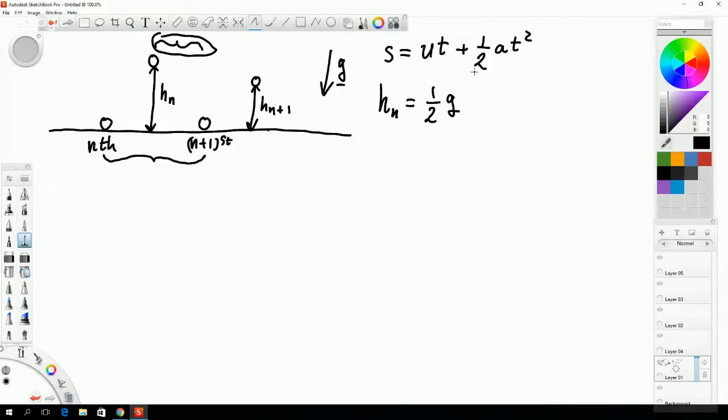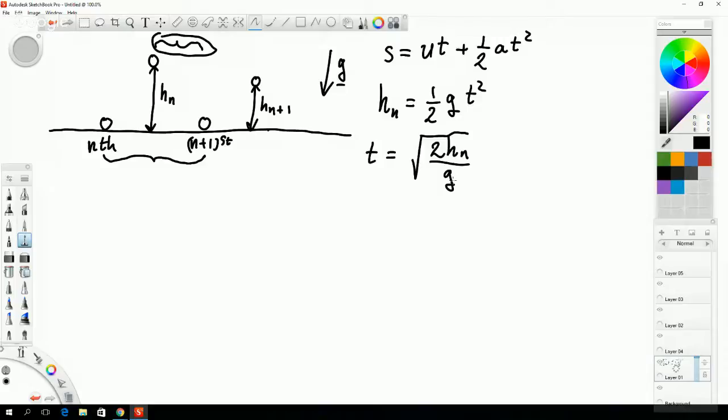So by rearranging, t equals the square root of 2hn over g. This is the time that it takes from when the ball is at height hn to when the ball does its n plus first bounce.